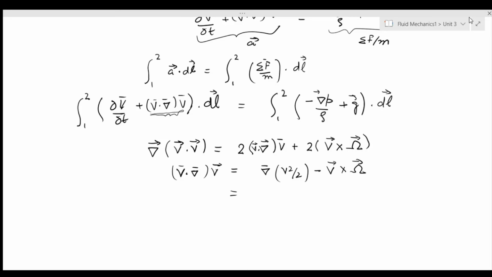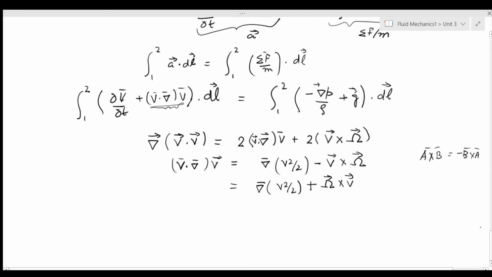Now we know this vector relation that A cross B is equal to minus B cross A. Using that I can say del V square by 2, and I can change it to plus sign, and again omega, which is nothing but my vorticity, cross V. So that's what I have here.